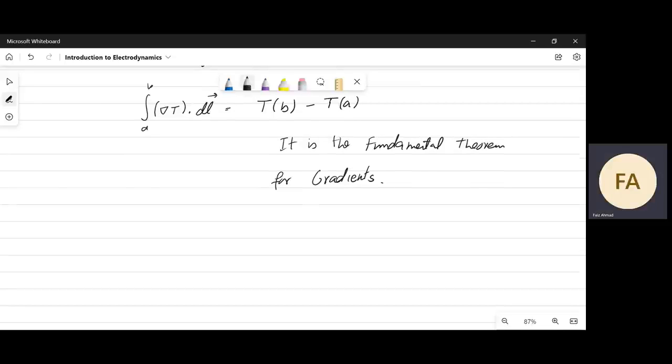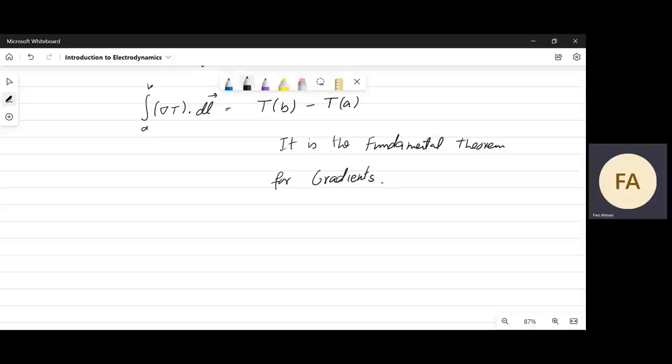Again, geometrically, if you want to find the total change in any three-dimensional function, you can do it by either calculating the change at every small step.